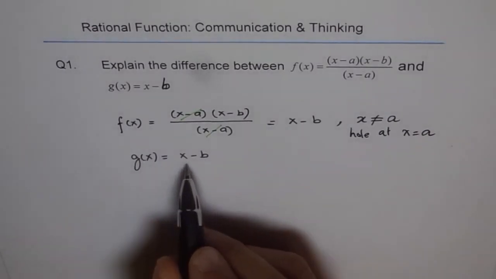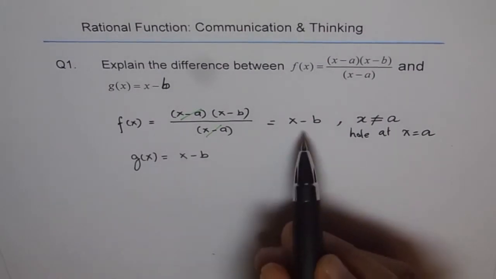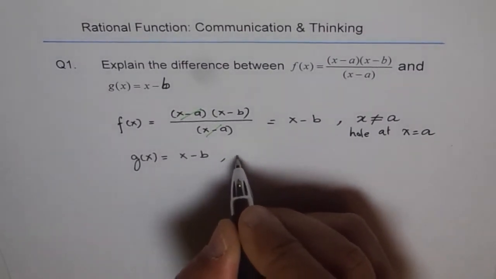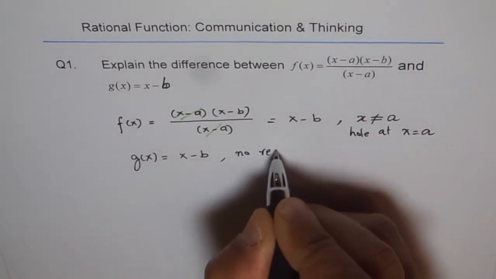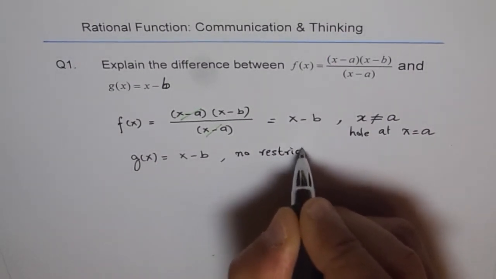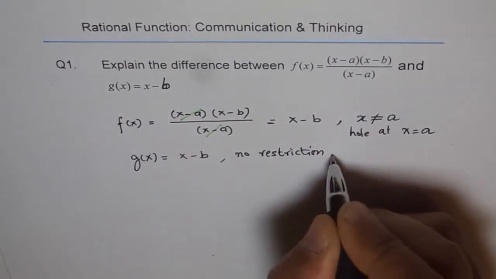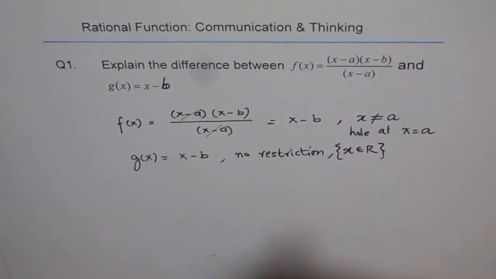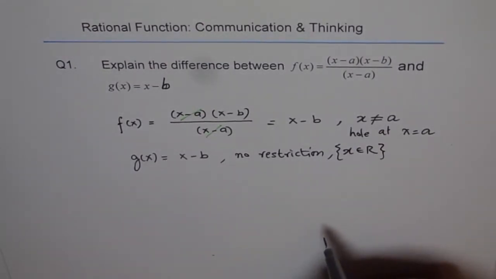Whereas g of x is a function which seems to be exactly the same, x minus b, but it has no restriction, you see? Here x belongs to the real numbers, the domain, correct? So that is the difference between f of x and g of x.